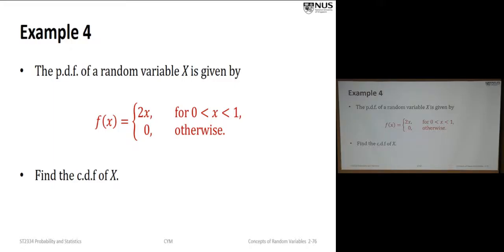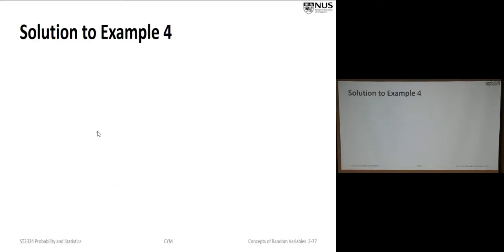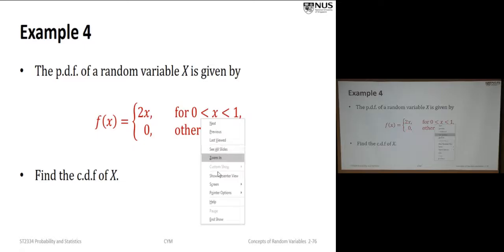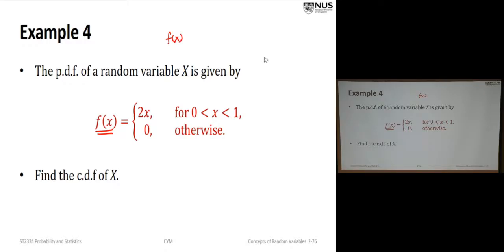Remember, for a continuous random variable, the value f of x here is not the probability. Instead, it is called the probability density function. Let me repeat it again. You can think of f of x as the density function.